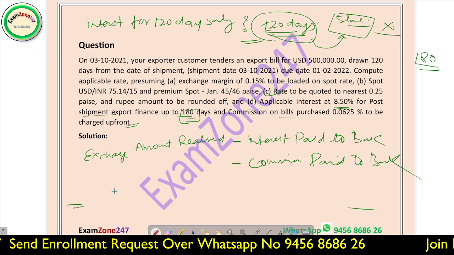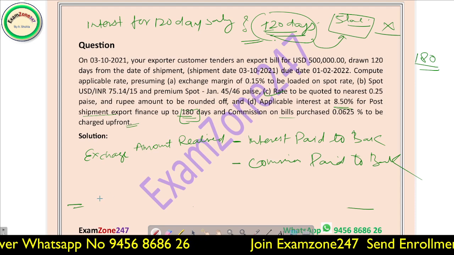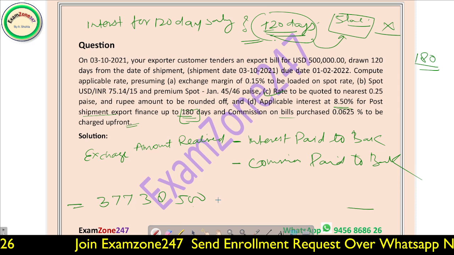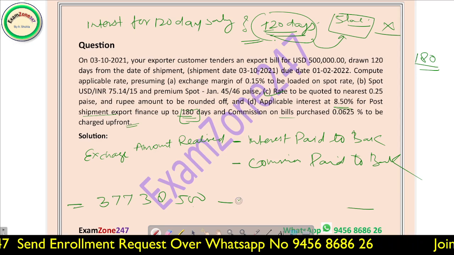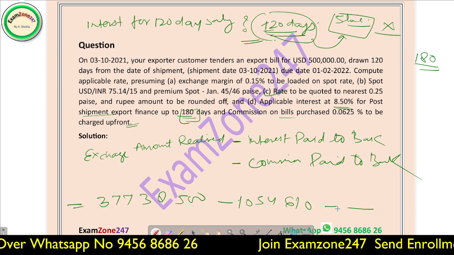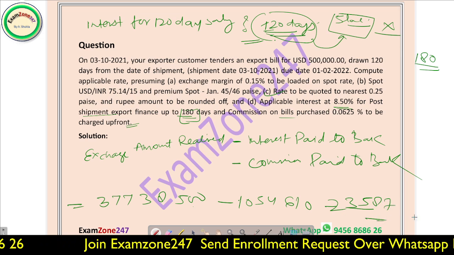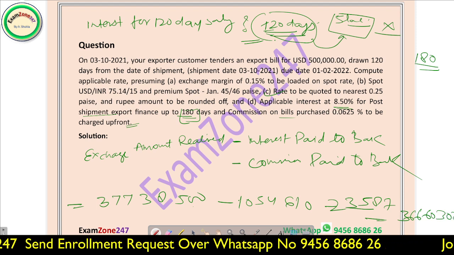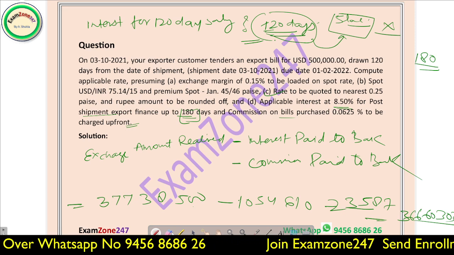If you see, you will find the amount will be 37738,500 minus interest for 120 days 1054,610 minus commission 23,587. It will come out 366,60303. Now we need to understand one more thing here.